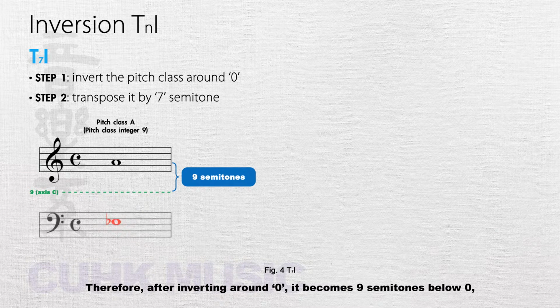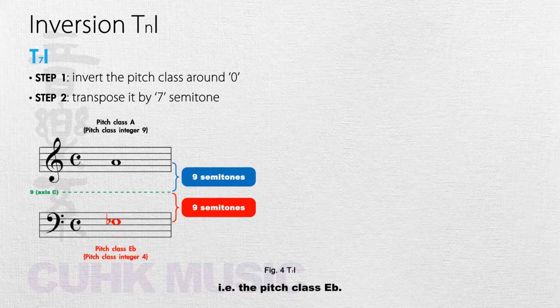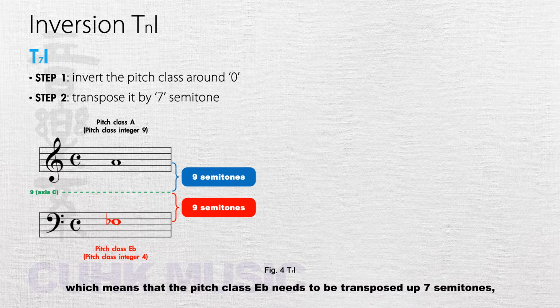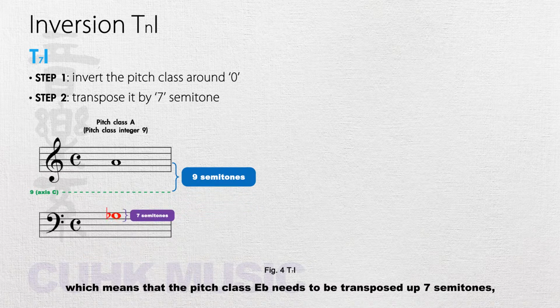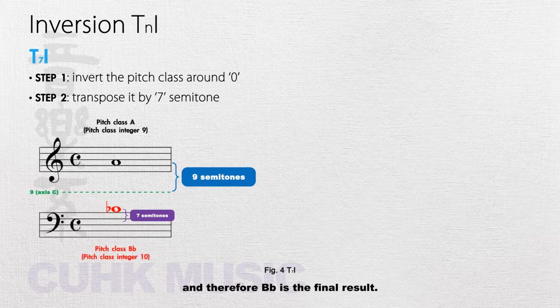Therefore, after inverting around 0, it becomes 9 semitones below 0, in other words, the pitch class E flat. This time, n equals 7, which means that the pitch class E flat needs to be transposed up 7 semitones, and therefore B flat is the final result.